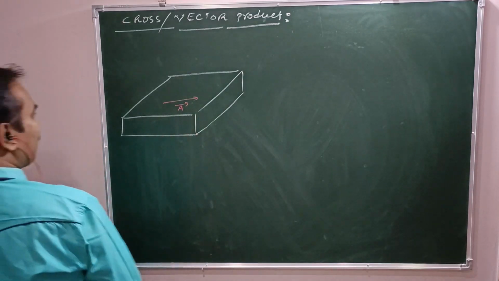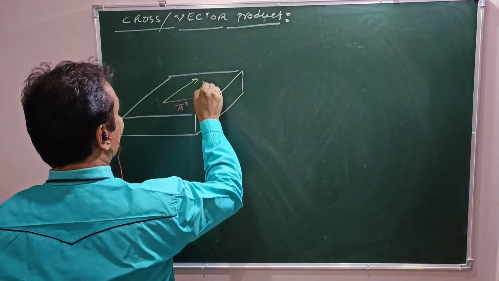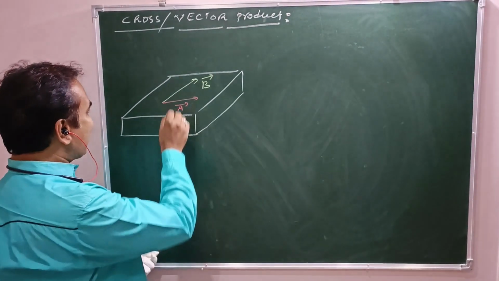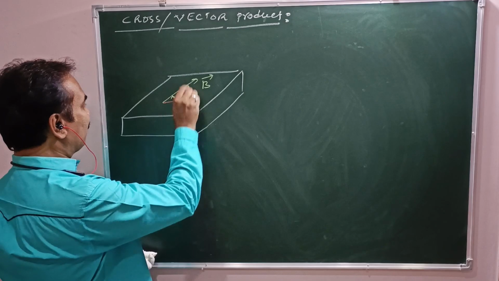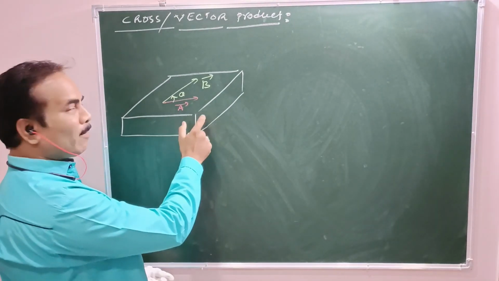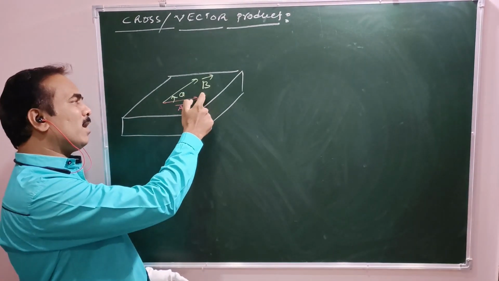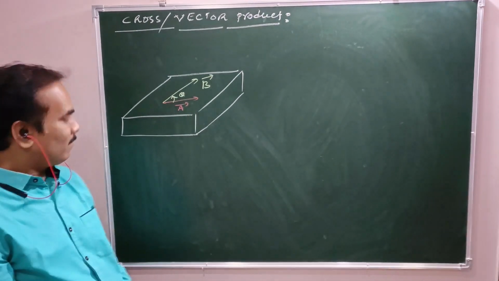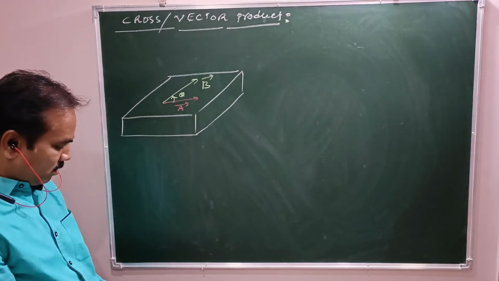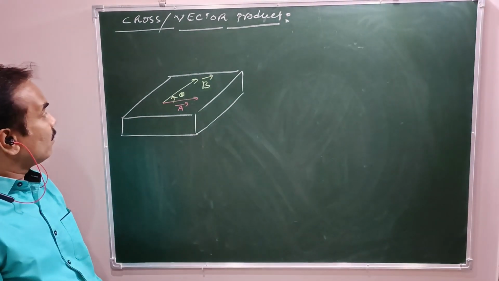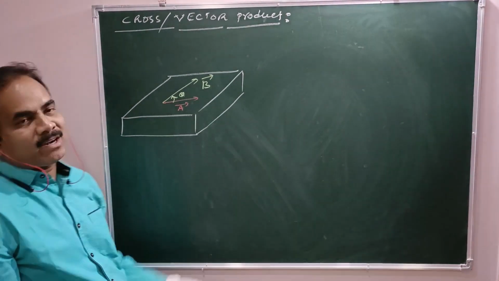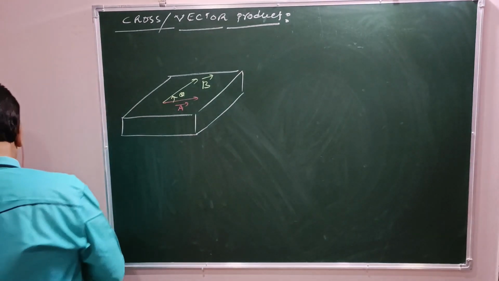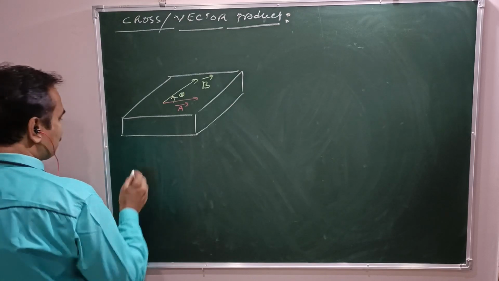Now this is B bar. So A bar, B bar are two vectors. What is the angle between these two? Let it be theta. This is a plane containing two vectors, A bar and B bar, with theta the angle between them. Now, the cross product of these two vectors is given by A bar cross B bar.